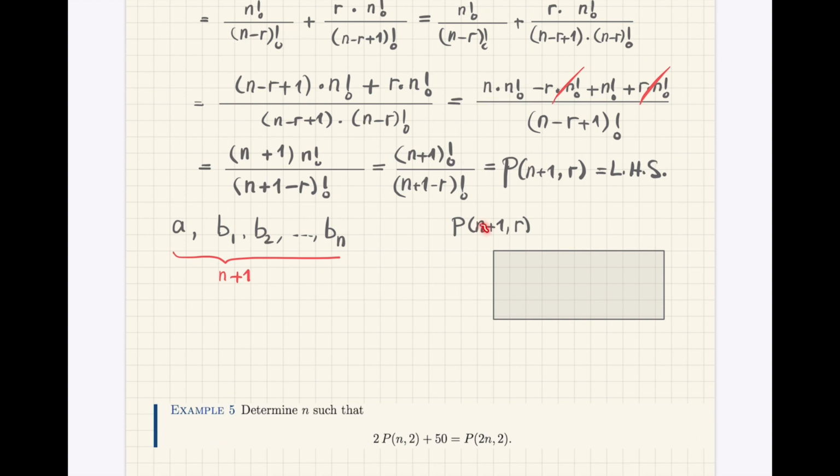Because when I want to write an r-permutation out of these objects, in some of them A appears in some position, and in some of them A does not appear. So in my head, I can divide the total number. This picture is not to scale. I can divide it into two distinct parts: including A, not including A.